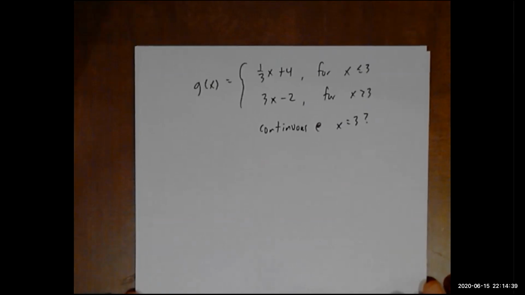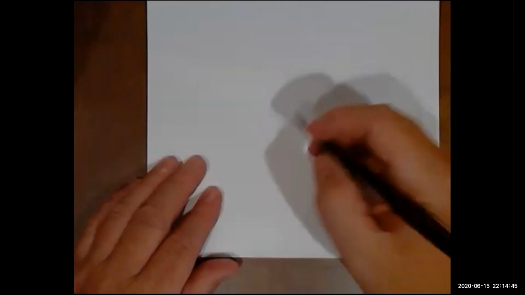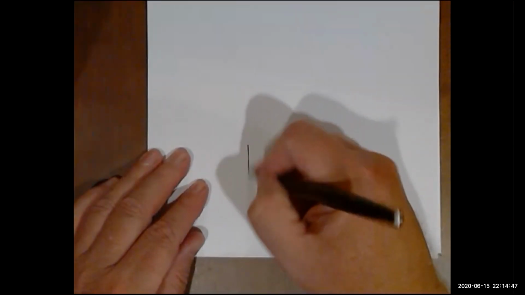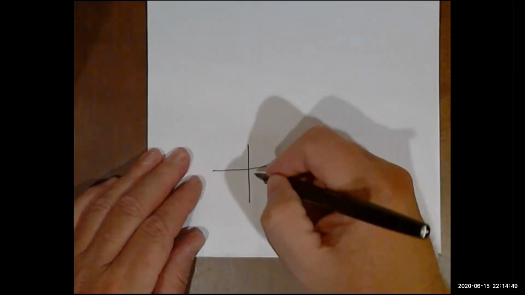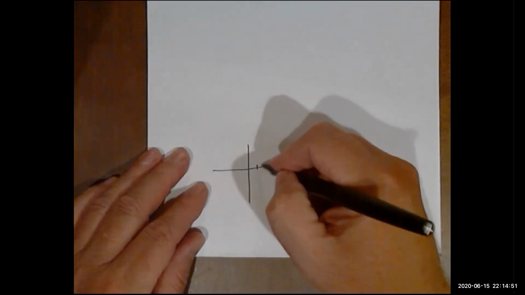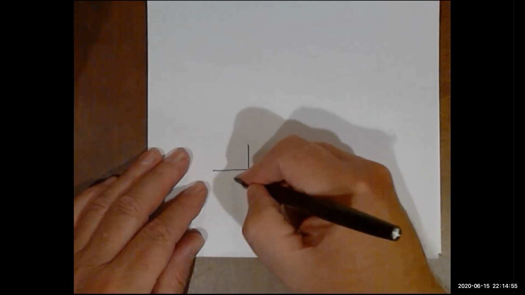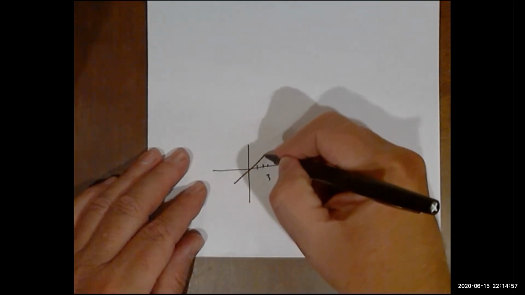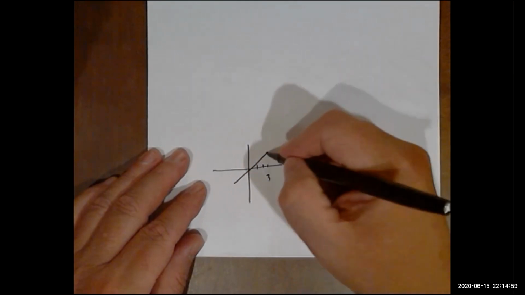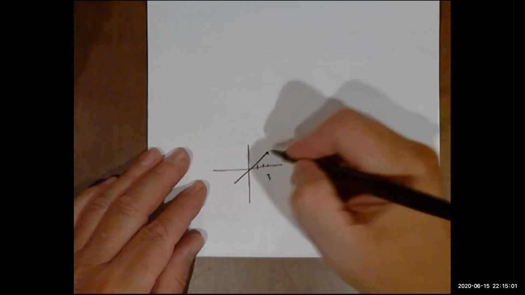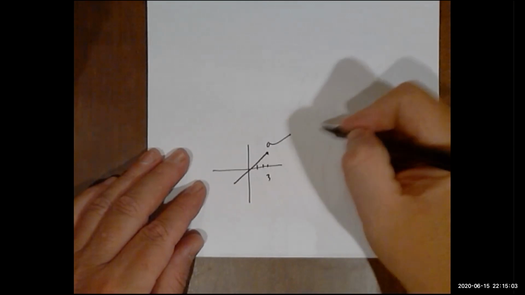Now, they didn't give us the graph. Just for fun, if they give you a graph, I'm not going to draw this perfectly, but say here's the first function, and say here's the second function.